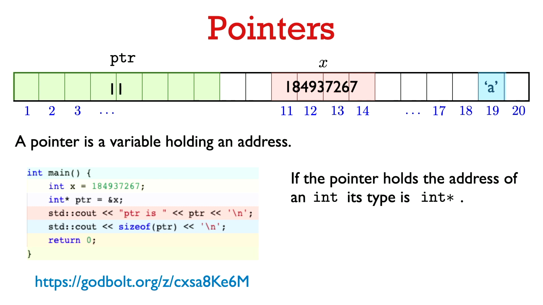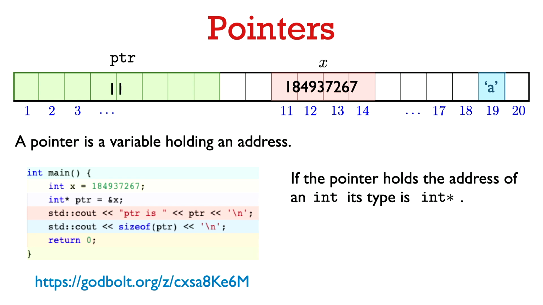Okay, so the type of this pointer is int star. The int is because it holds the address of an int, and the star that follows the int there, it's called a declarator. It just indicates that this is a pointer. Okay, so the type of pointer is a pointer to an int.